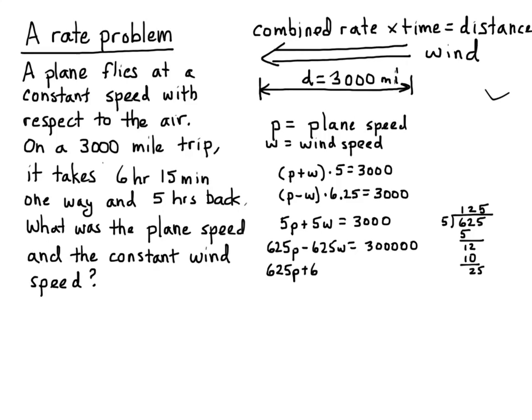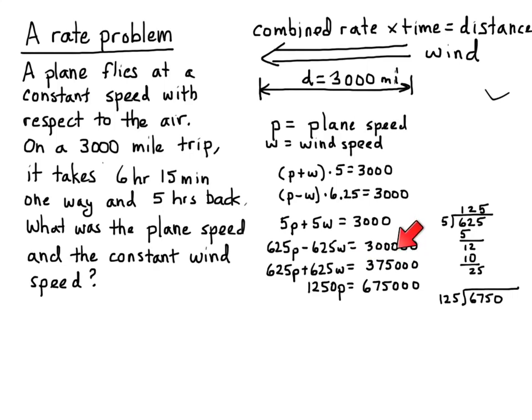So if I multiply the first one by 125, so this is the second equation, this one with a difference in it. This is the first equation. I've multiplied it by 125, so I get 3,000 times 125 is 375,000.